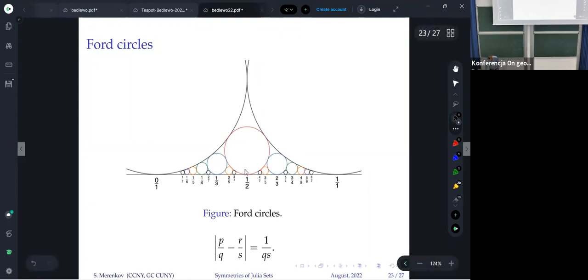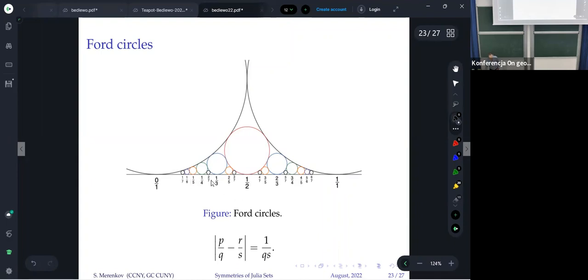I really like this. And the radius is actually 1 over 2 times the denominator squared. So there are some beautiful algebraic properties of this, and the distance between these two points is 1 over the product of the denominators, and so on.